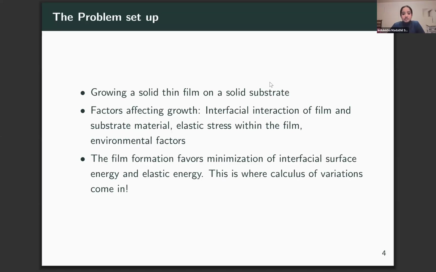The film formation, or the equilibrium configuration of the film, or the movement of the film towards equilibrium, depends on the minimization of interfacial surface energy and elastic energy, as in all physical systems. And this is where calculus of variations comes in, because calculus of variations is about minimizing or optimizing energy in physical systems.